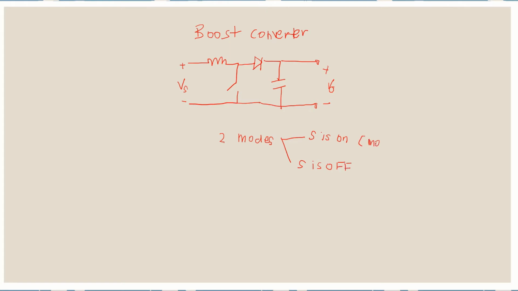I call it mode 1 when the switch is on, and mode 2 when the switch is off. So where's the switch? Here's the switch, and I label it as S. Since the boost converter has two modes, we're going to have a look at when the switch is on and also when the switch is off.